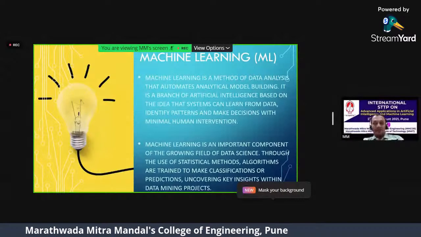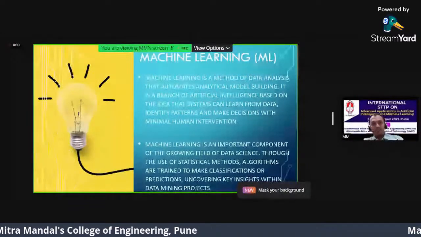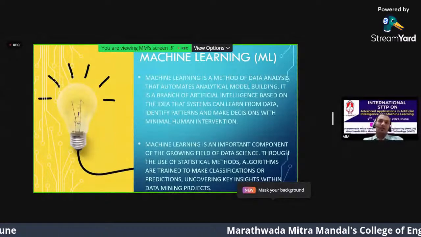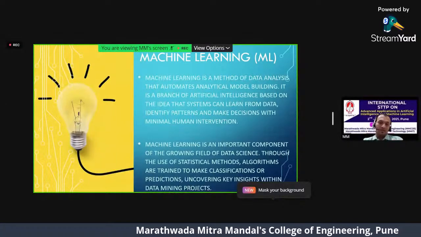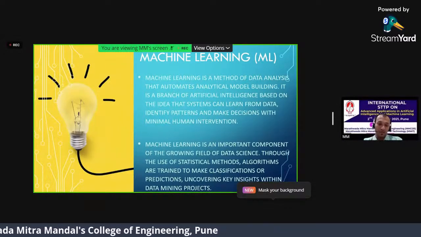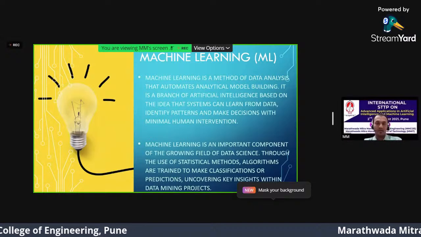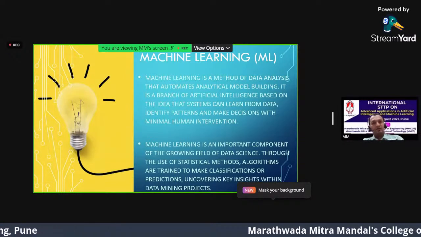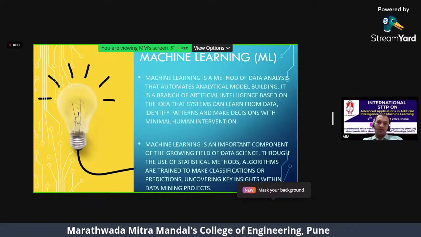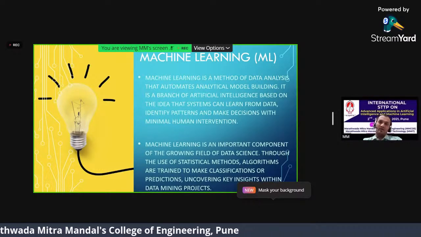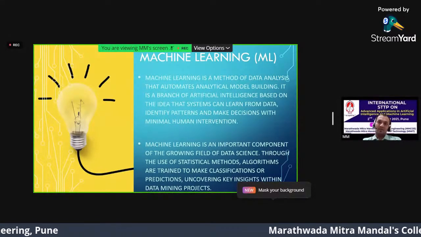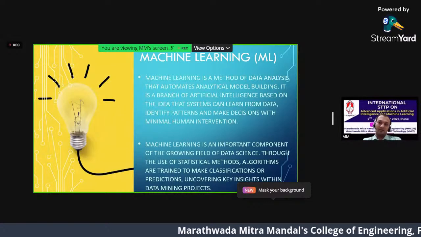Nowadays we have a lot of data. If you have seen the recent article, it says that every second humans generate around 10 to 20 MB, or even 100 MB, of data. I'm talking about every second. So we have lots of data, and to study it and derive conclusions from it, data science comes into the picture, and machine learning is an important component of data science.